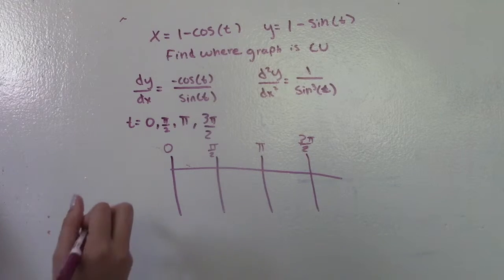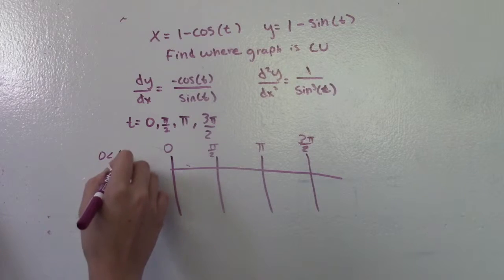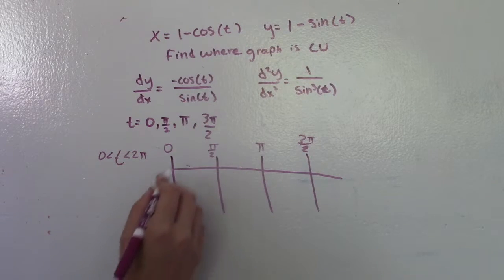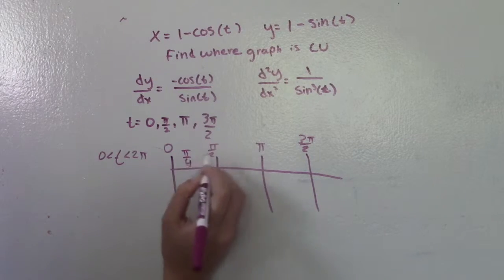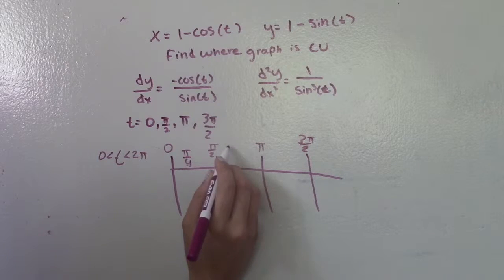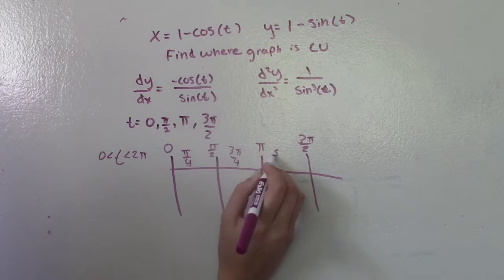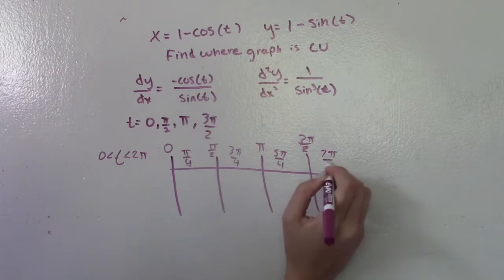We're just looking between the interval of 0 and 2 pi, so we're not worried about what comes before 0. Say we look at pi over 4, 3 pi over 4, 5 pi over 4, 7 pi over 4.